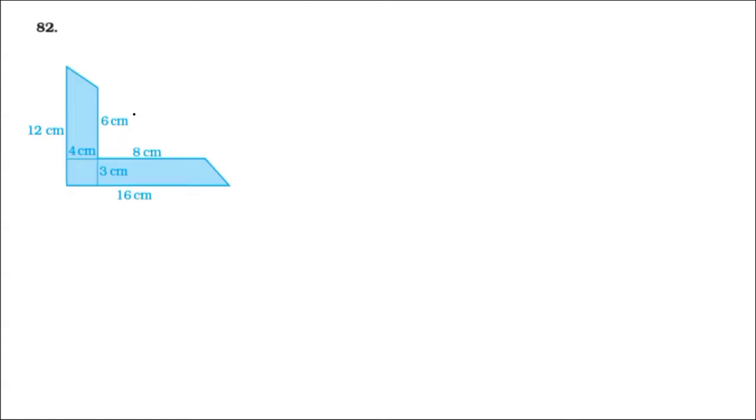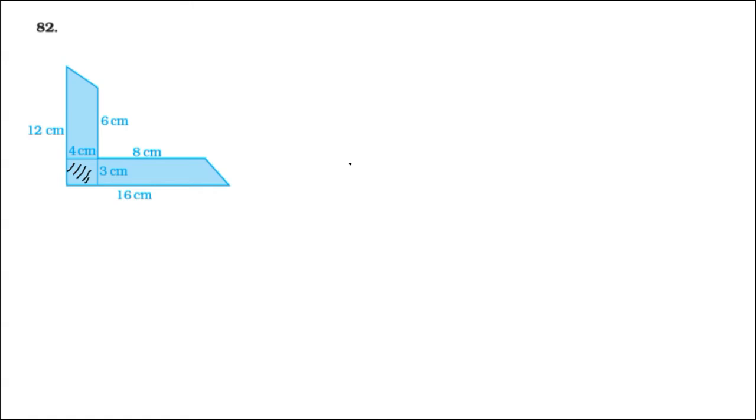Question number 82. Here you can see the shaded portion. When we consider the shaded portion, there is a chance that this particular region repeats itself. So what we require to do is we can find area of this trapezium plus area of this trapezium plus area of this rectangular region.